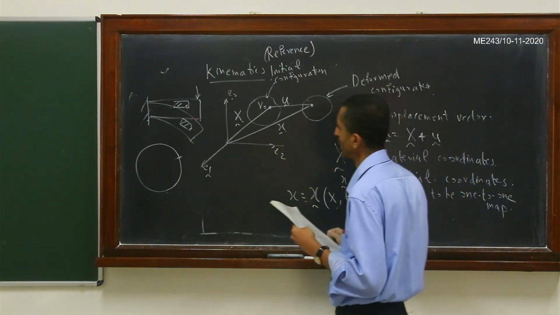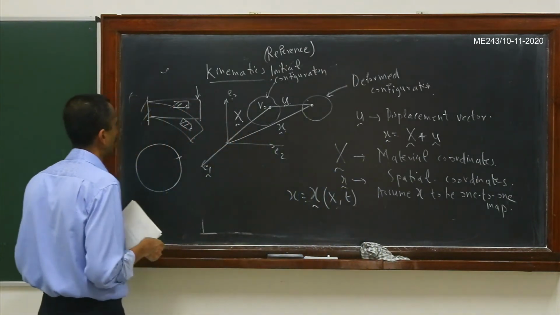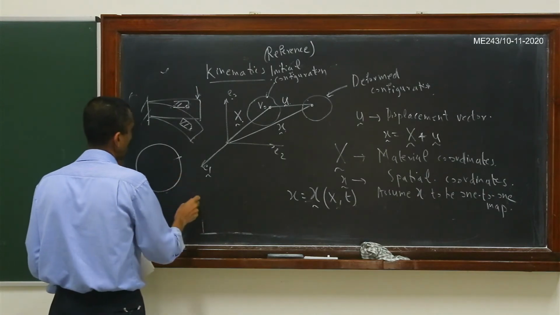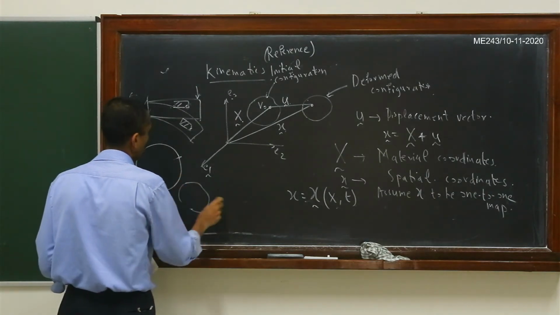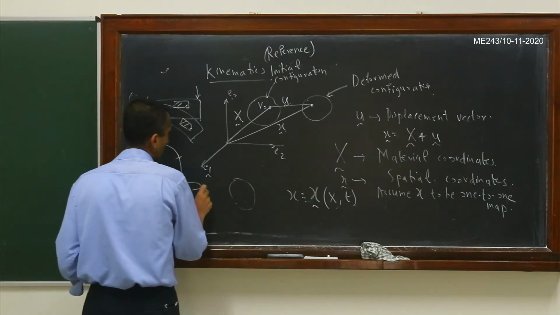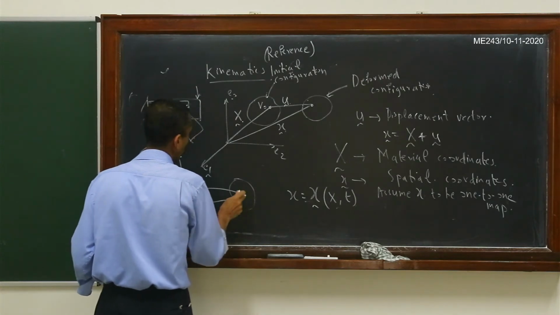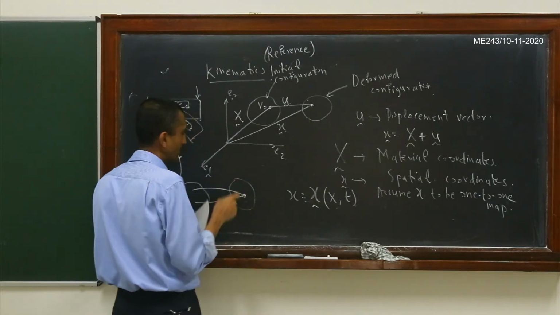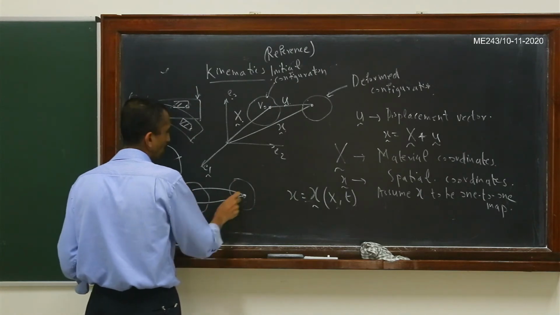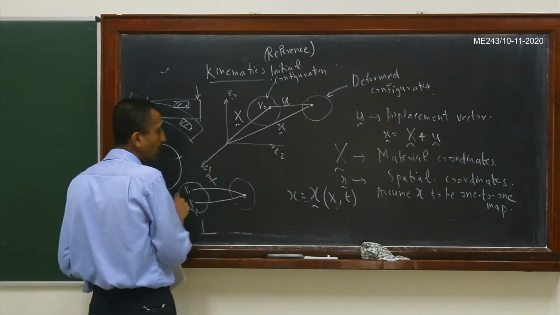What the implication of that one-to-one mapping is that, suppose this is your reference configuration and this is your deformed configuration, then what we are saying is that two different points cannot go and occupy the same point in space, right? So these are two different points here, x1 and x2. They cannot go and occupy the same point, so this case is ruled out.